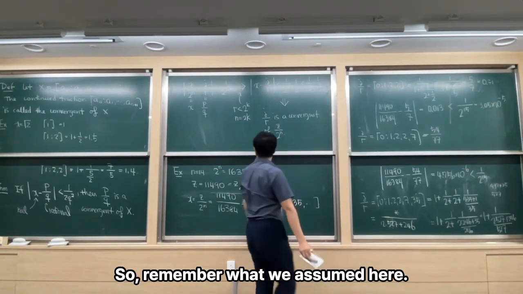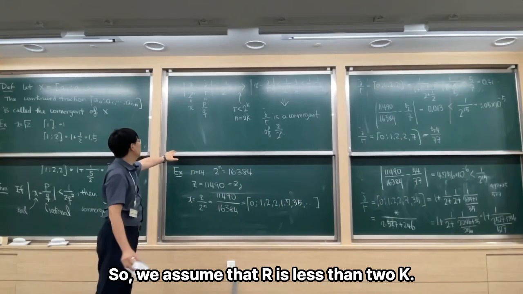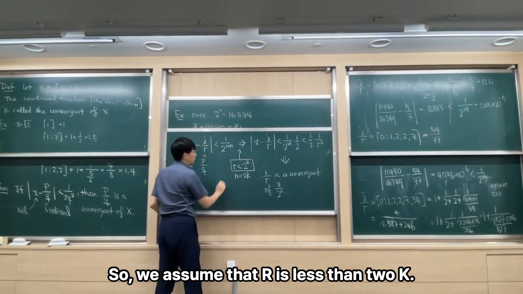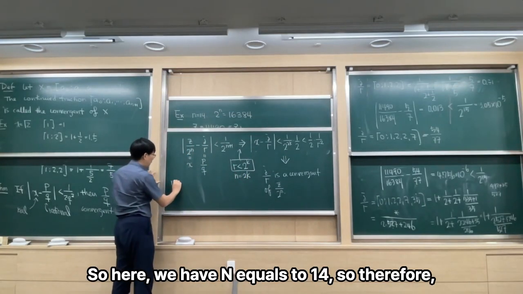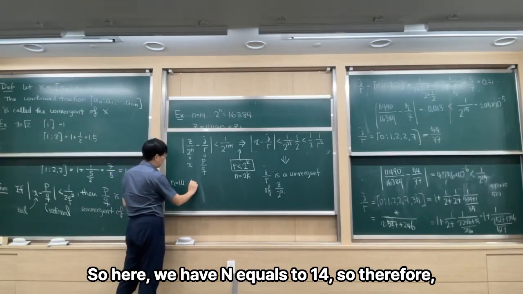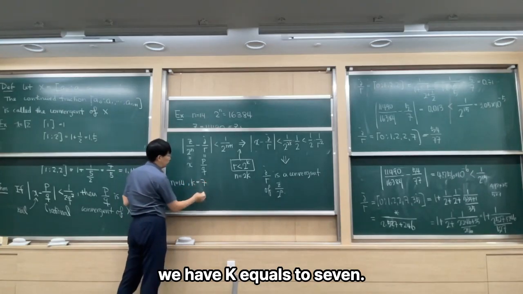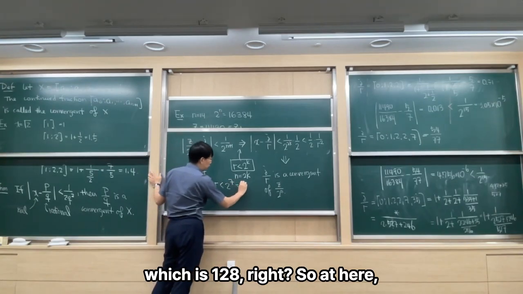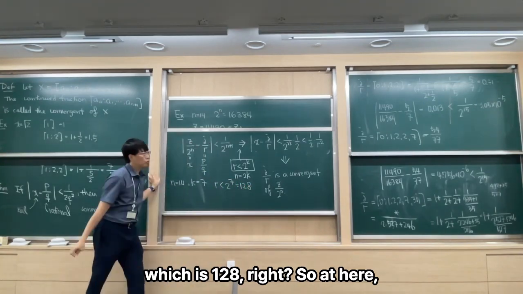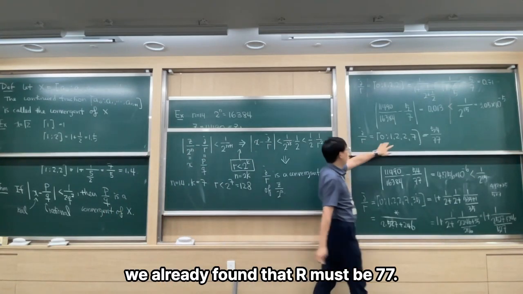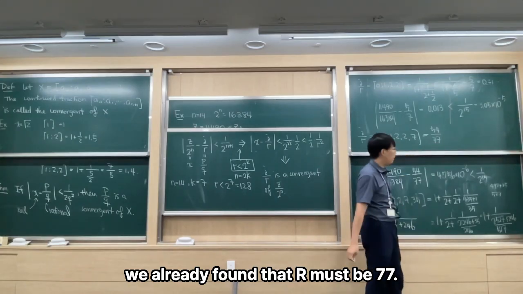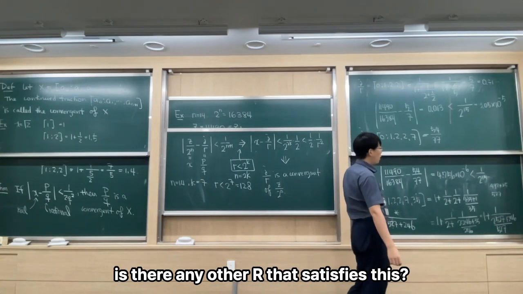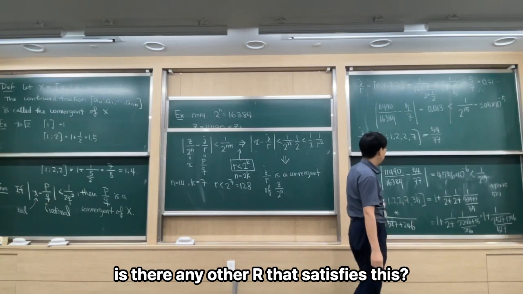So remember what we assumed here. We assumed that R is less than 2^k. Here we have n equal to 14, so therefore k equals 7. So R must be less than 2 to the 7, which is 128, right? Here we already found that R must be 77. I just did one more step to see if there is any other R that satisfies this.